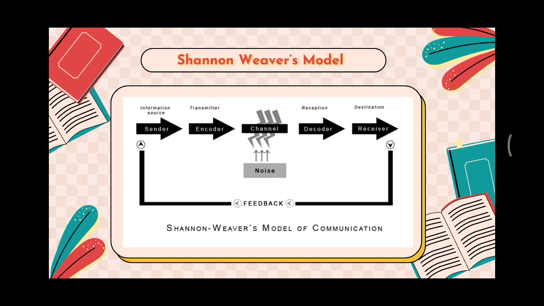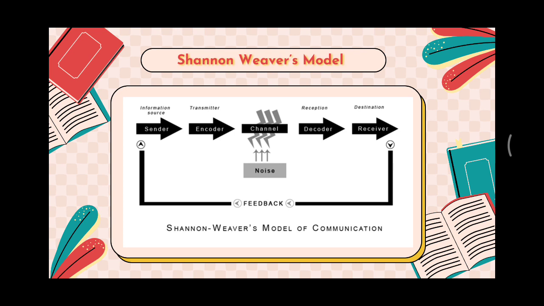The message that will be received by the receiver depends on how the message was encoded and decoded. For instance, there were times when your response was different from what the sender expected because you misunderstood or misheard the message. That's why elements like that are included in this communication model.